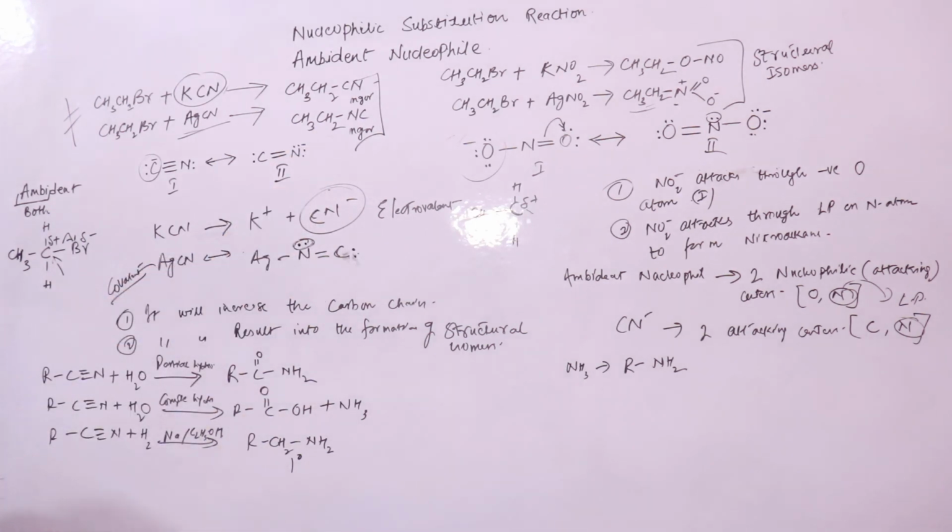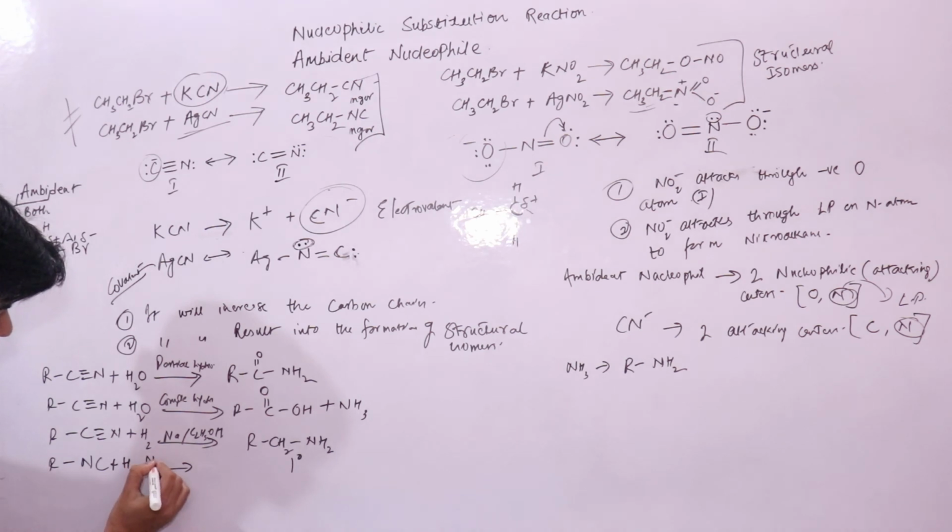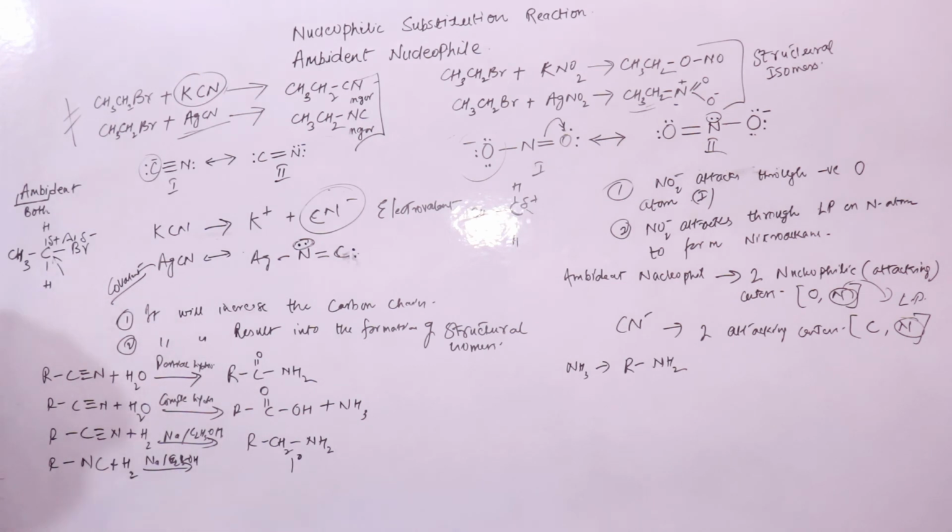Now this is an isocyanide. So let's see what this isocyanide can form. Since it is an isocyanide, it is connected through the nitrogen atom. It will undergo reduction in the presence of sodium and ethanol to form a 2 degree amine.